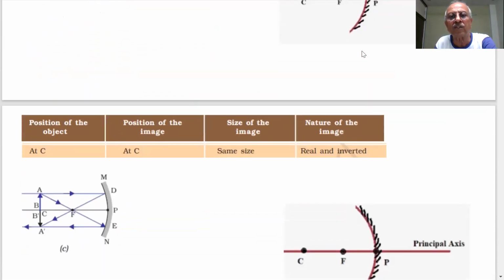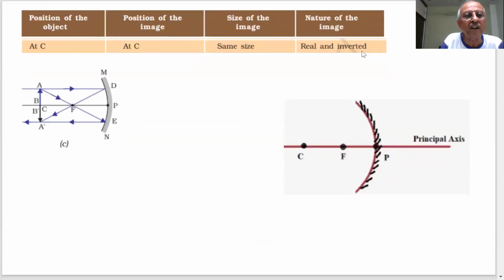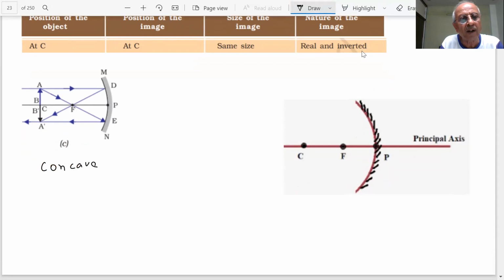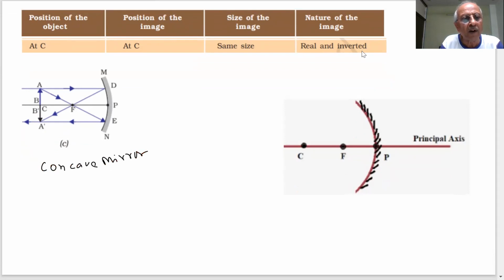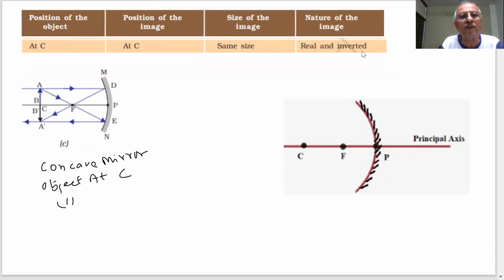Then another case which we discussed last time, students, when the object is at C. This is important. When you put an object at C in front of the concave mirror, you will always get an inverted image at the same point and of the same size, and it will be real and inverted. So in the case of the concave mirror, when the object is at C, the image is formed at C, at the same position, and it is the same size.